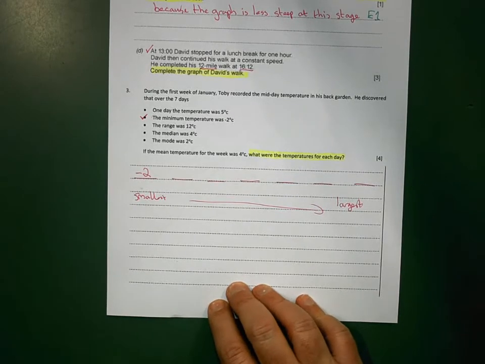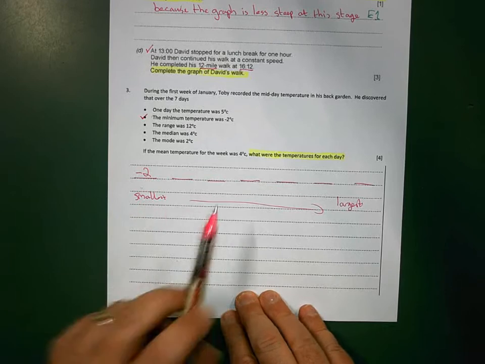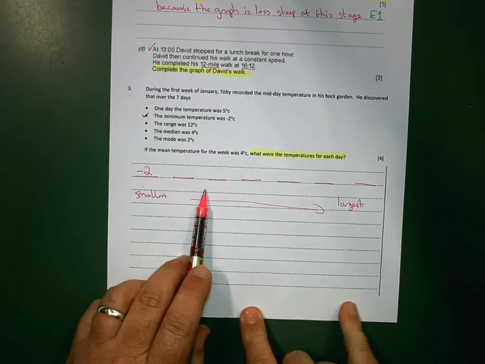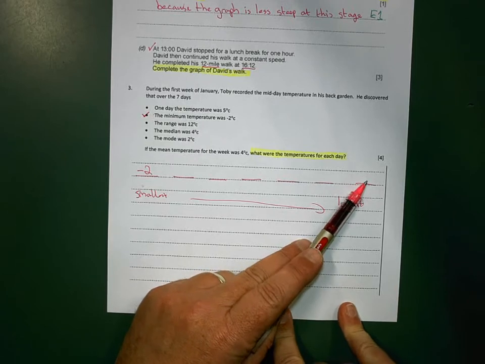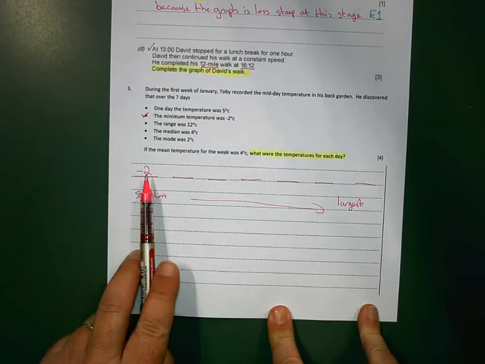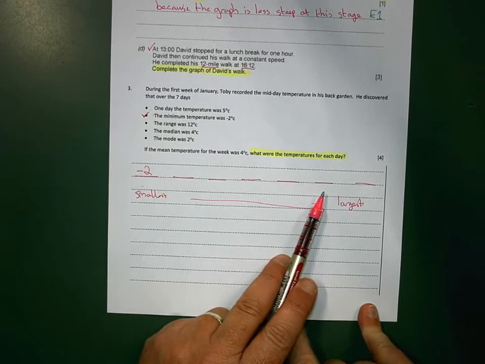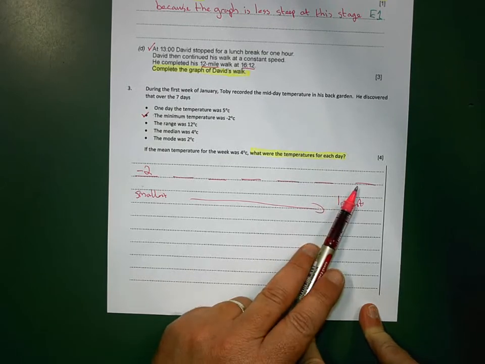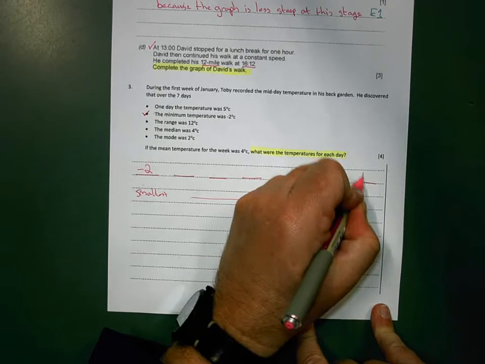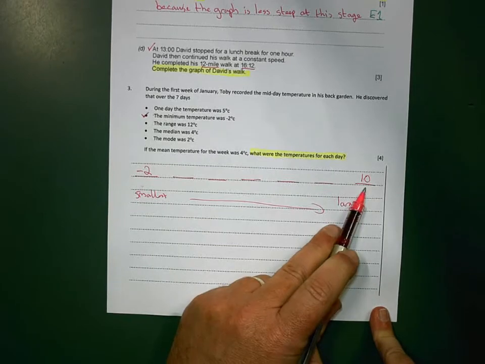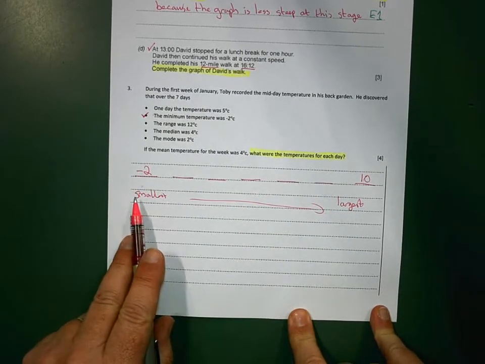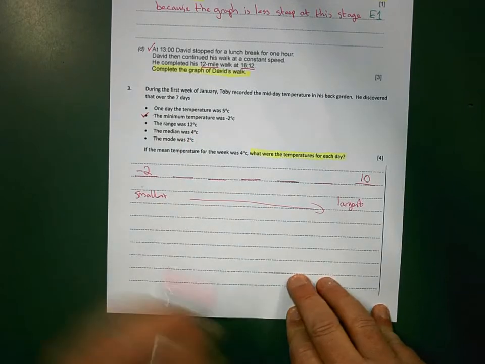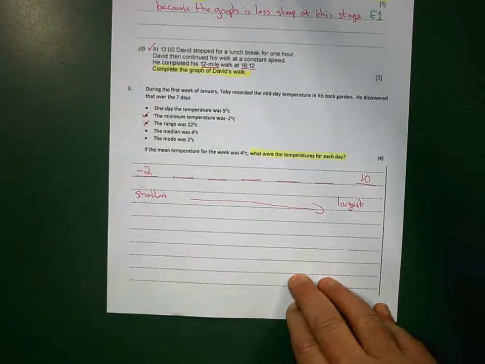The knowledge that you need to have is the range is the difference between the smallest value and the largest value. So to go from -2 up 12 places will take you to the maximum value of 10, because the gap between 10 and -2, the largest to the smallest, is a gap of 12. So I can tick that one off.